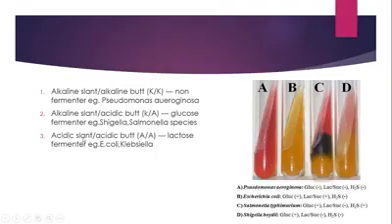As you can see here, acidic slant with acidic butt, A by A, lactose fermenters, and all those other sugars as well, the sucrose as well as glucose. So that means E. coli and Klebsiella.